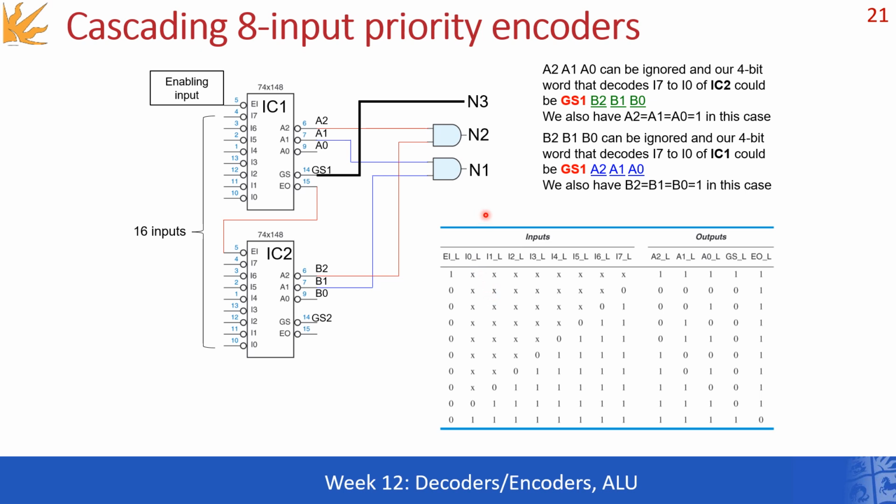Likewise, you do the same thing for the output N1, and for N0 you use A0 from here and B0 from here. And this is how it works. Now, as you can imagine, you can build more than just 8-input priority encoders by cascading more and more of the 4-input priority encoders.